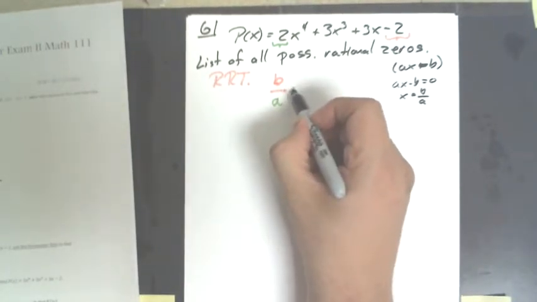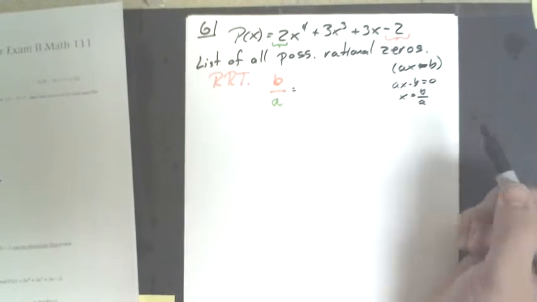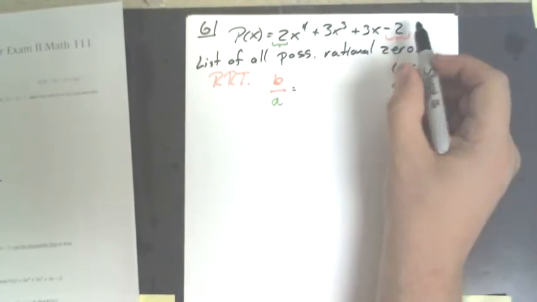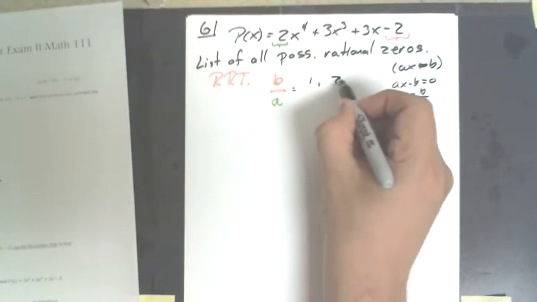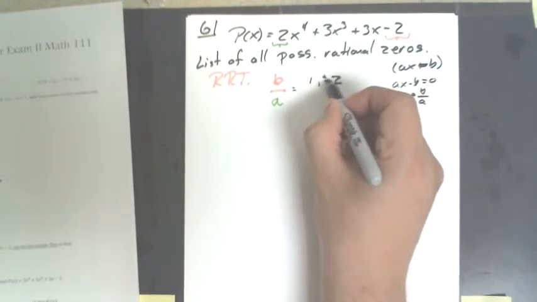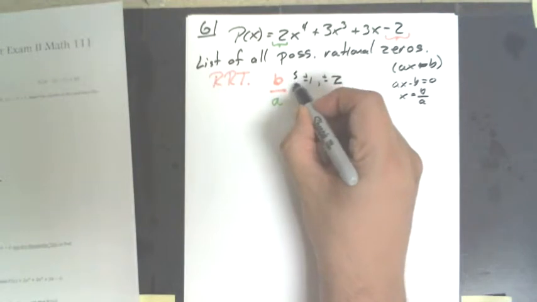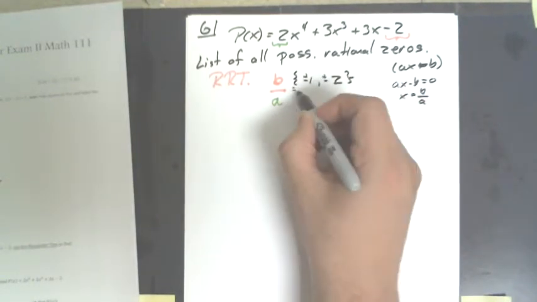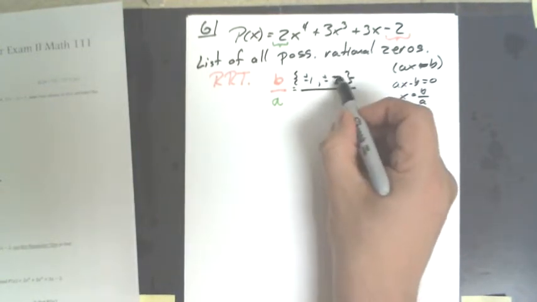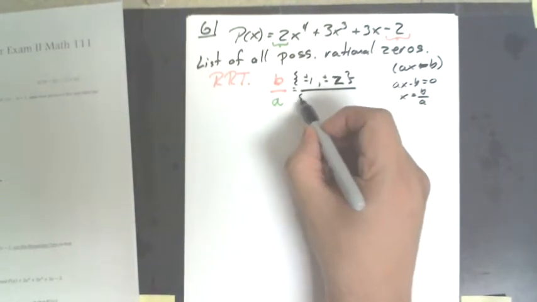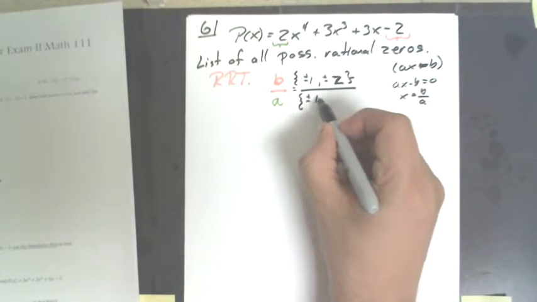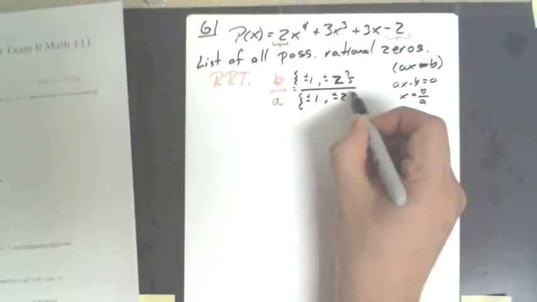So all possible rational zeros are every rational number that can multiply to make a 2. Well, that's a 1 and a 2. Can be positive or negative, though. Don't forget those. And every rational number that can make the lead coefficient, which also happens to be a 2, plus or minus 1, and plus or minus 2.